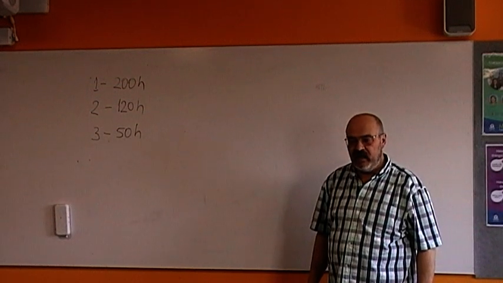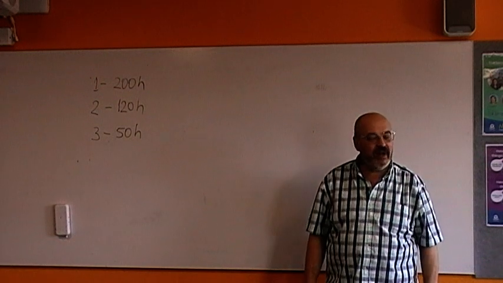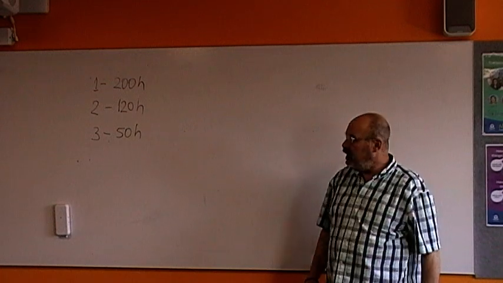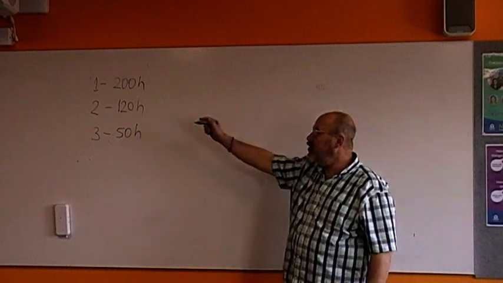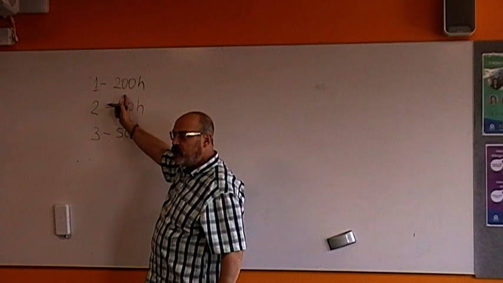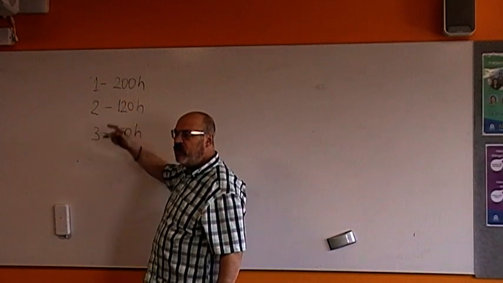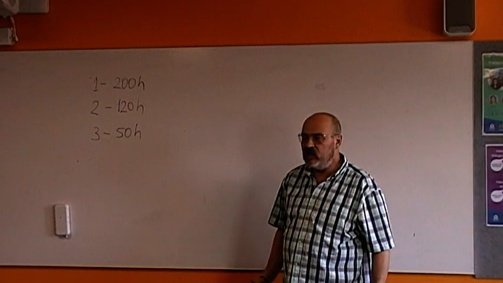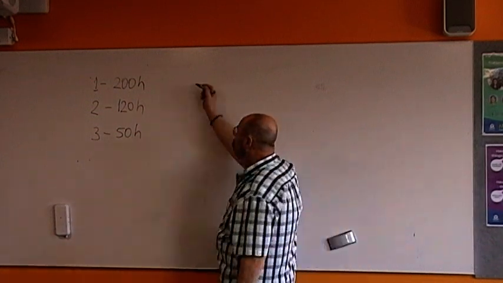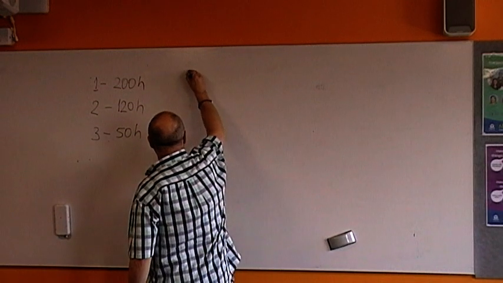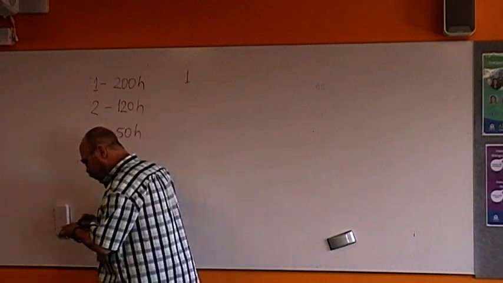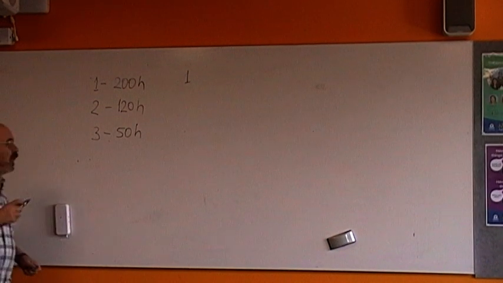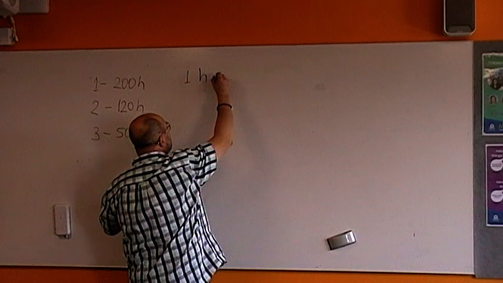Let's find what fraction of the pool each of them fills in 1 hour. The first needs 200 hours, so what part of the pool will it fill in 1 hour? 1 out of 200, 1/200.